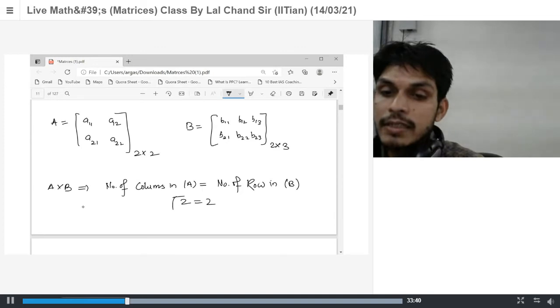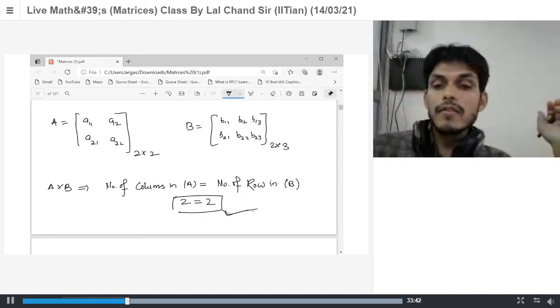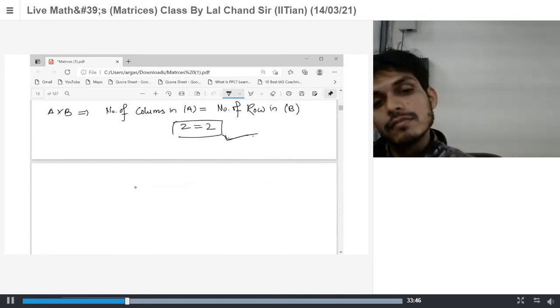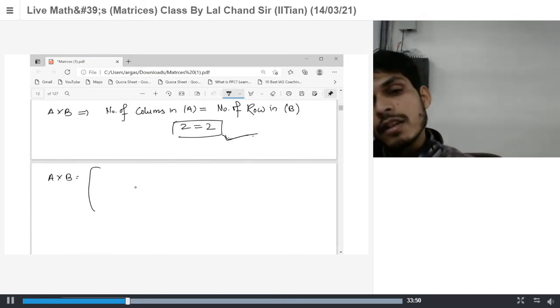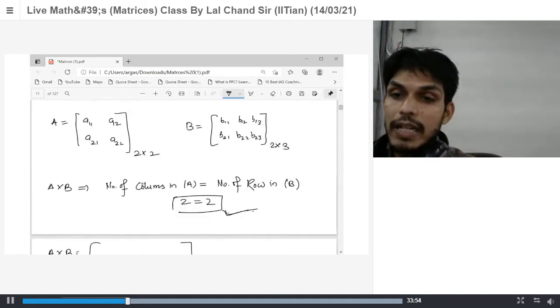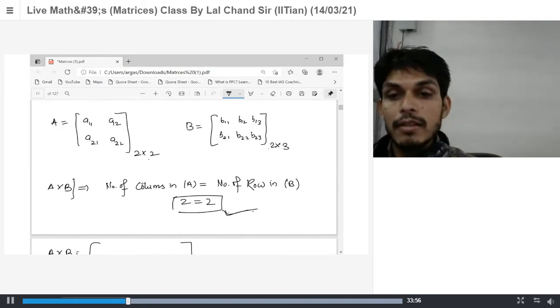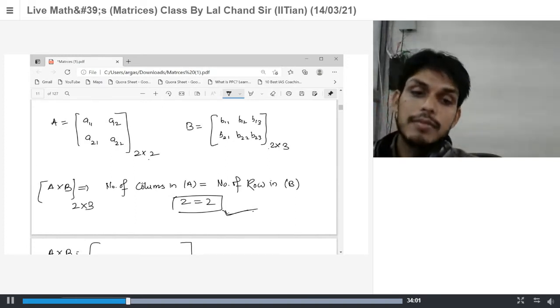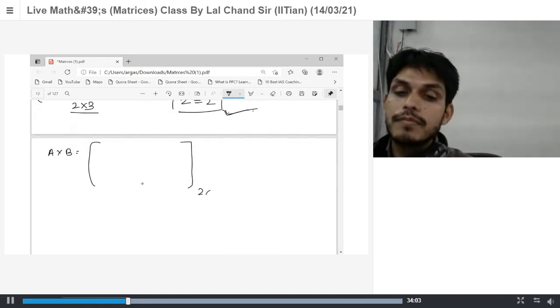This is correct, isn't it? So if I would like to write A cross B, the final order is that the 2 gets cancelled, so the order of this will be 2 cross 3.